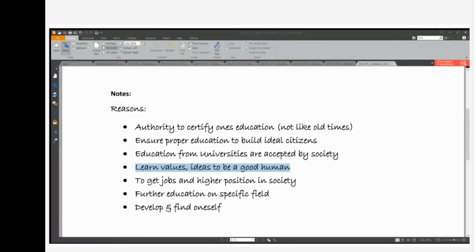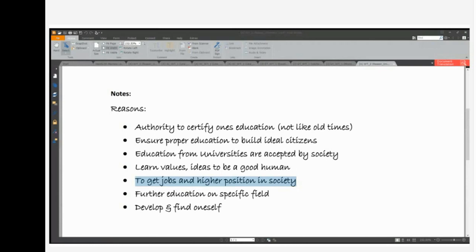Another one is to get job and higher position in society. Now, how can we explain that part? We can say, like, some people go to universities to get further education, to enhance their horizon, or to improve their job position and salary.